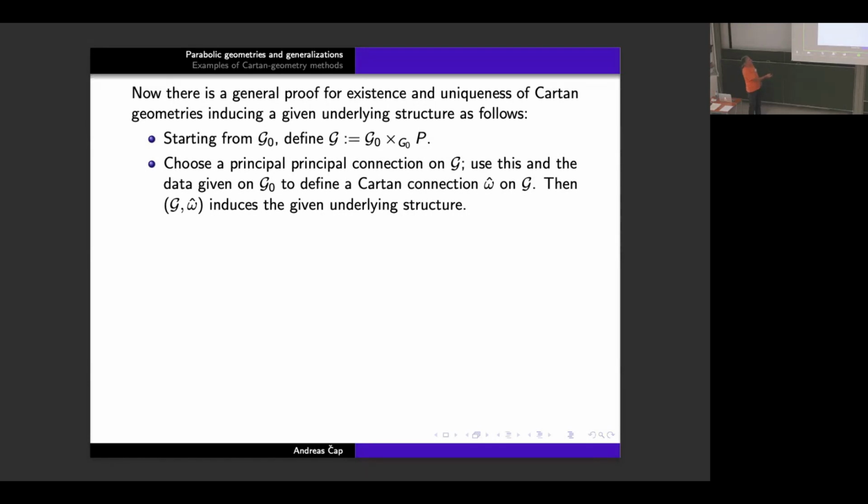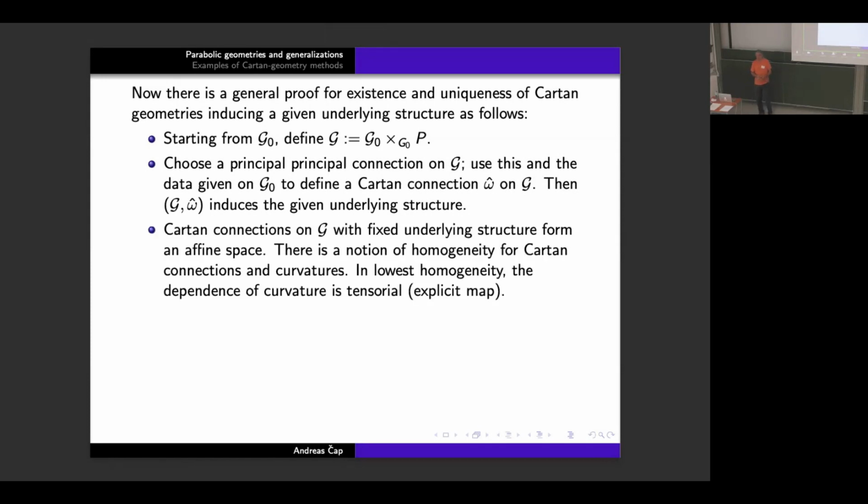Probably it's better to choose it on G, it doesn't matter. Using these choices, you define some Cartan connection omega hat on G, which induces this given underlying structure. This poses no difficulties.